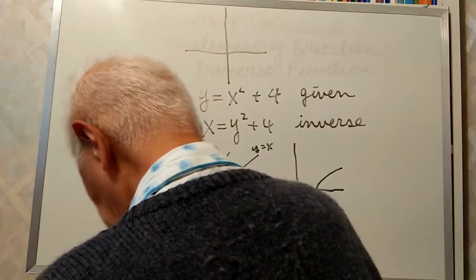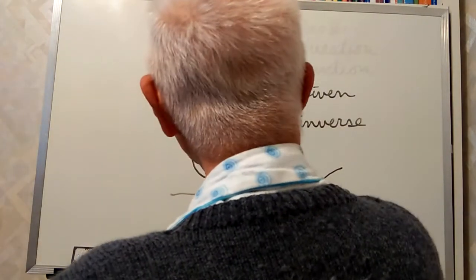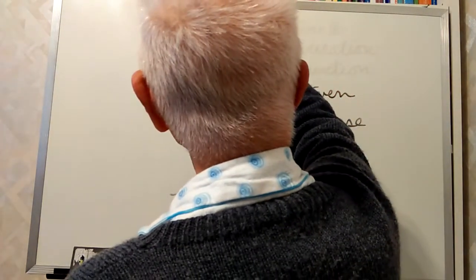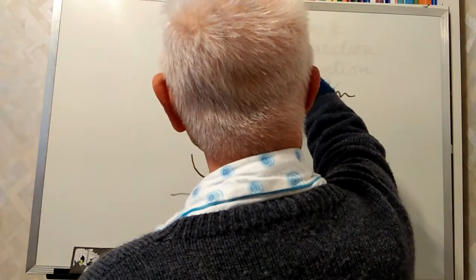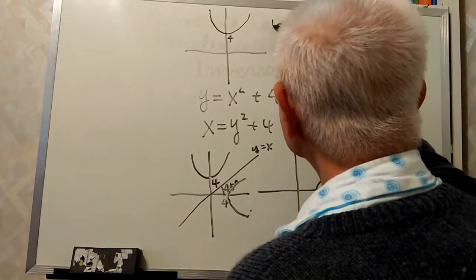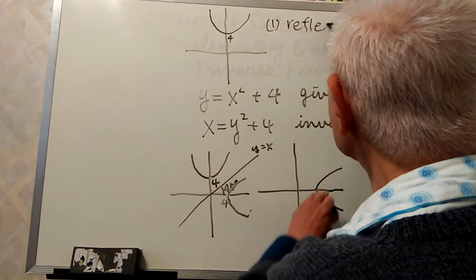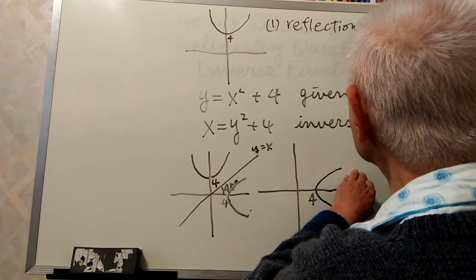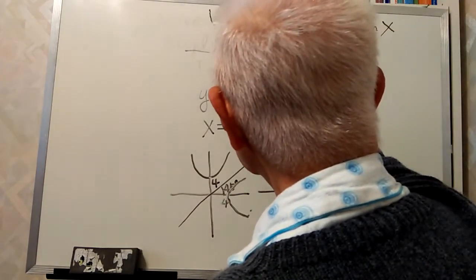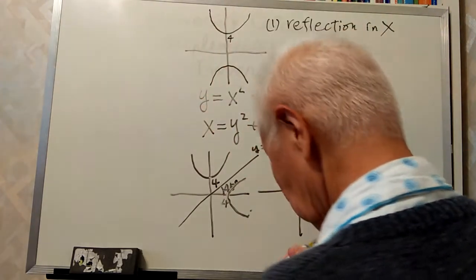I think this pen is not writing well. So this is the given function, given graph. The first reflection in x. So your reflection in x. That's a reflection.